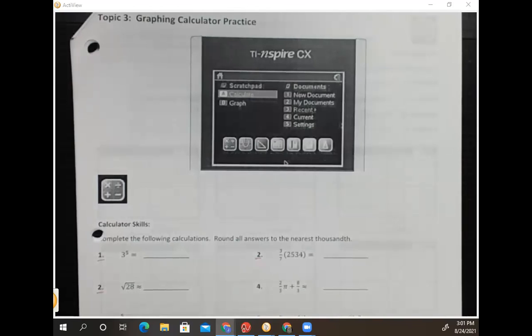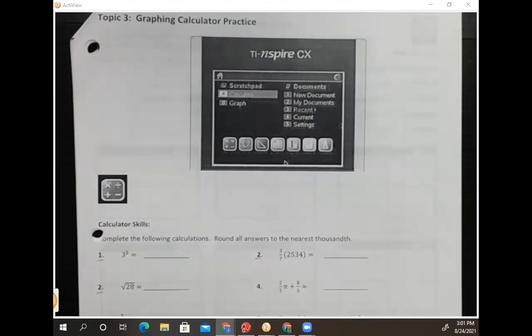On page 15, I want to review some calculator skills with you guys. Last year in geometry, it's my understanding that you used your calculator to help you with some computations, but not really for much else, because you wouldn't have needed it for much else in geometry.